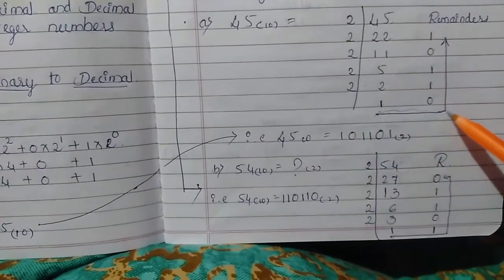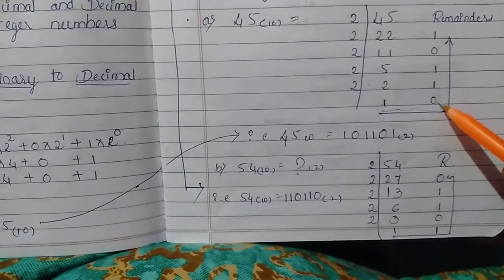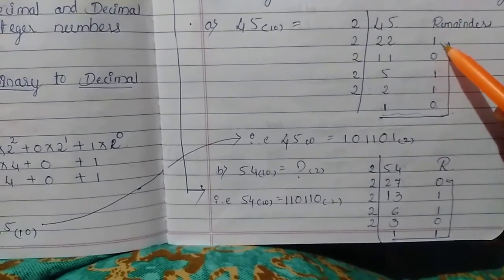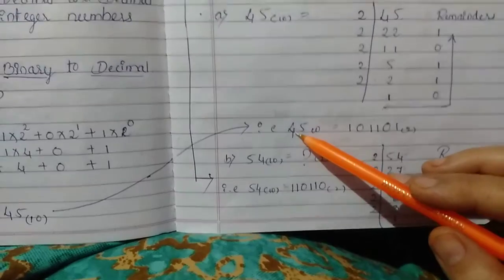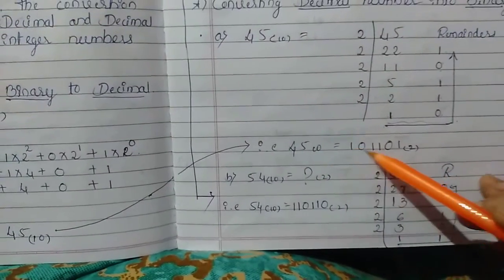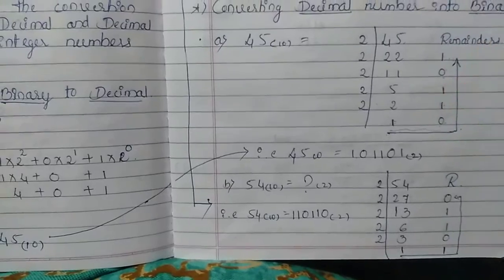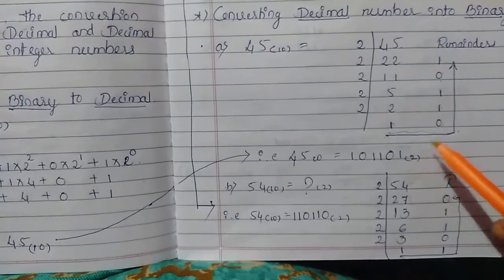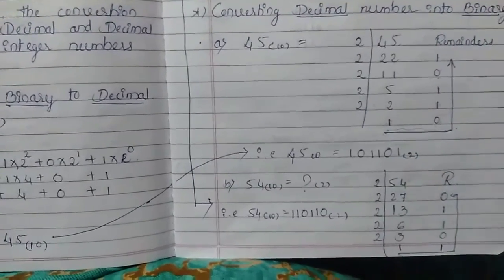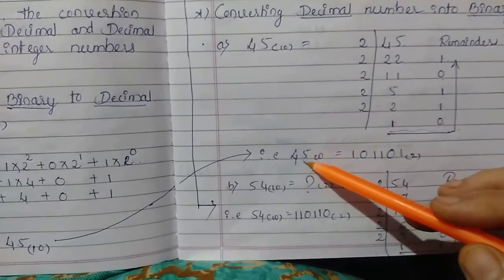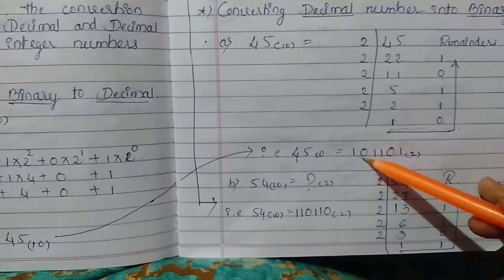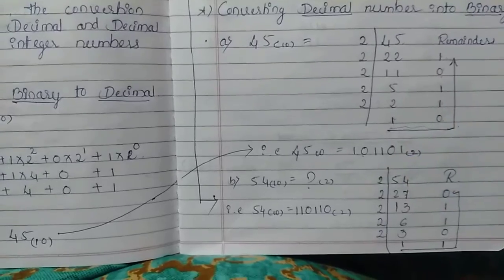That means 45 is equal to 101101 with the base number 2. This 45 has been converted to its equivalent binary number.